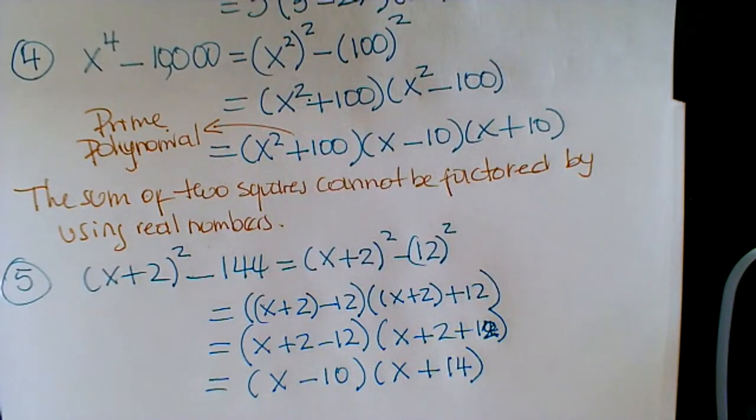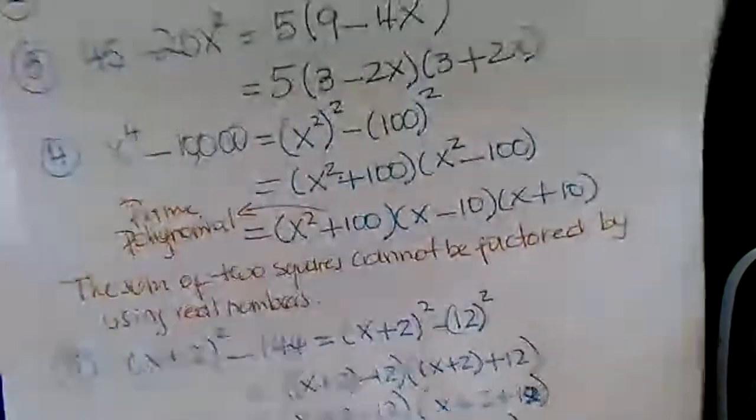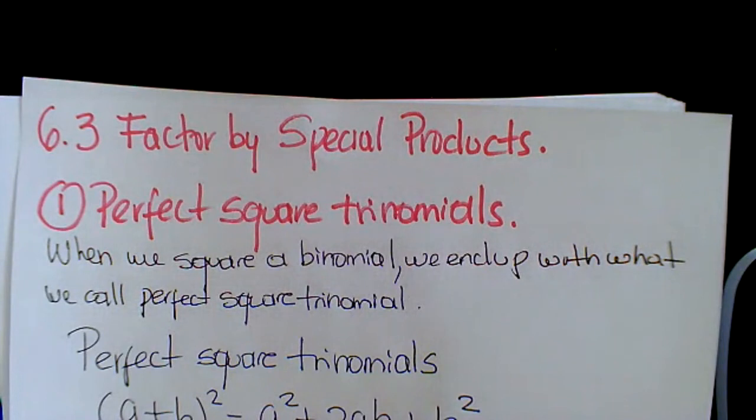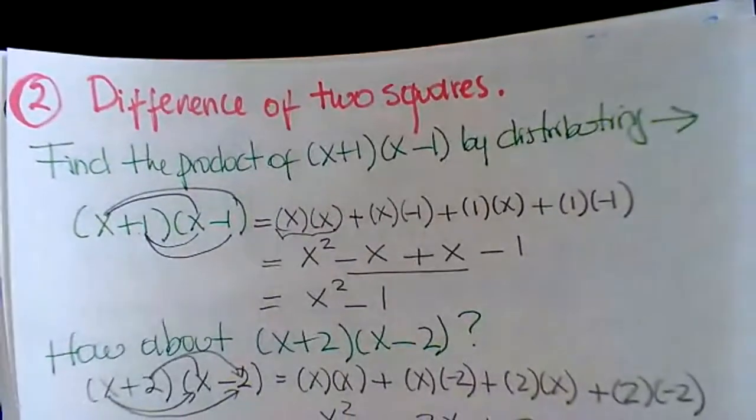And the next one and last one is the sum and difference of cubes. So we've done the first one for factoring trinomials. The first one was the perfect square trinomial. And the second one is the difference of two squares.